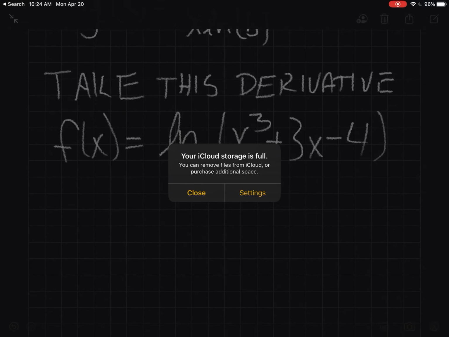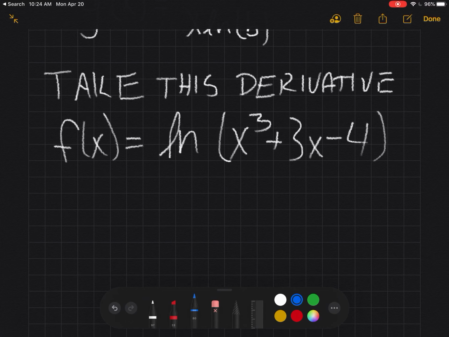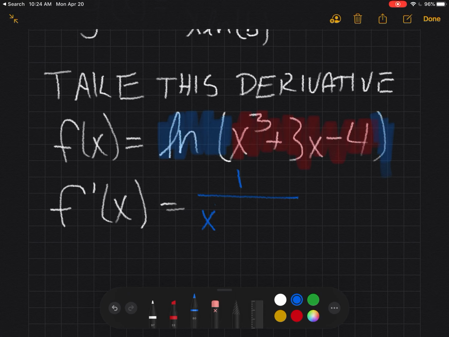Let's take this derivative. Suppose I have a function f of x equals the natural log of this happy polynomial x cubed plus 3x minus 4. This is a chain rule problem. Our outside function is the natural log, and our inside function is this happy little polynomial.